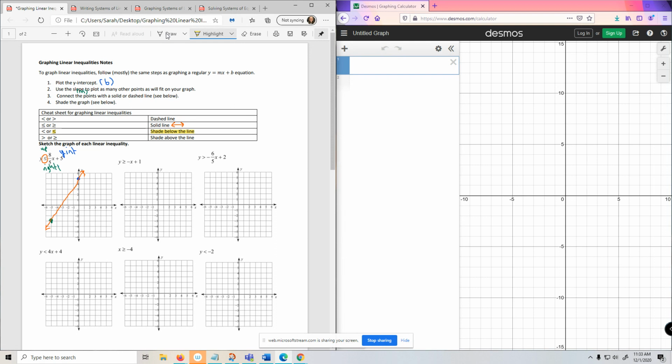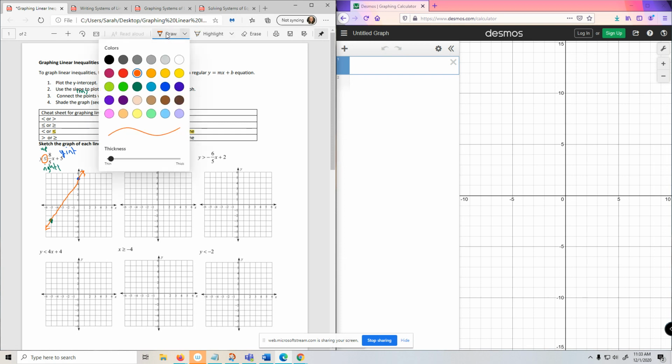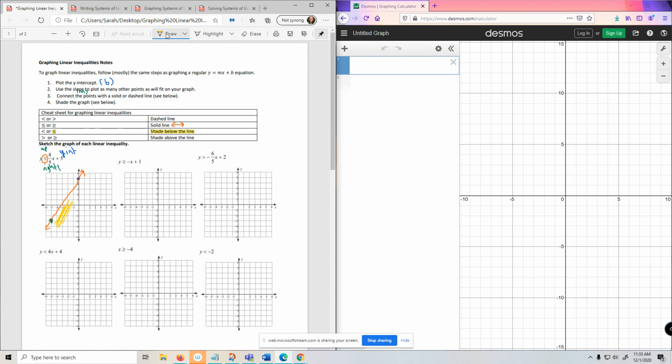And so I'm going to shade everything that is underneath that line. And if you're doing this by hand, you can just do some squiggles here. It doesn't have to be anything pretty. Any point that is on the orange line or in the yellow shading works for this inequality. That is our solution set.